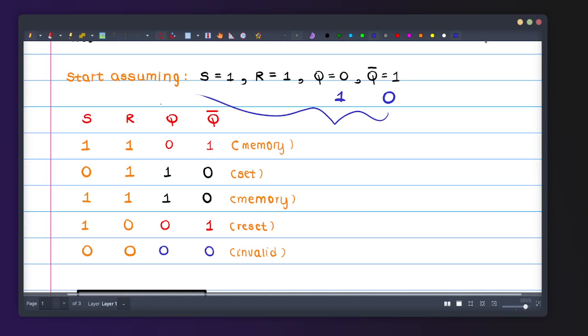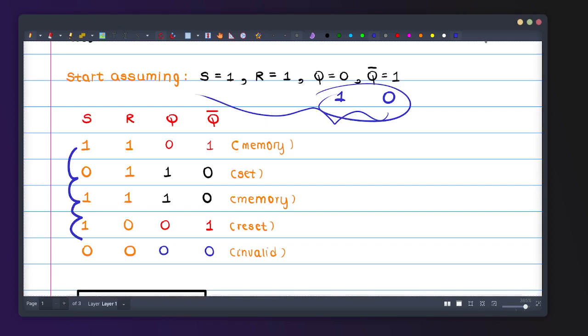So you can start off with any of these two configurations as long as you make respective changes afterwards. So if you start off with this other configuration, then the remaining rows of the table have to change. But if you start off with this configuration, the table is as similar as what you see on my screen right now. All right, very good.